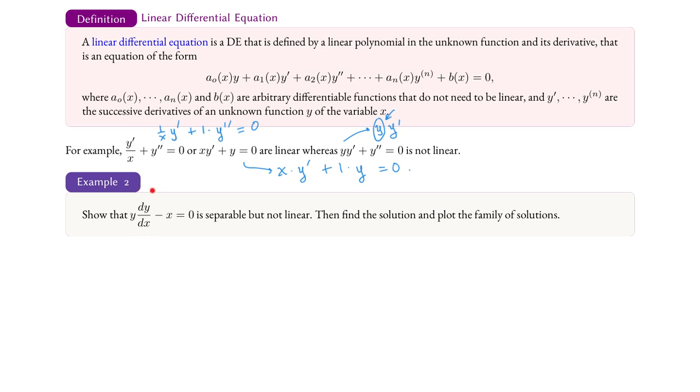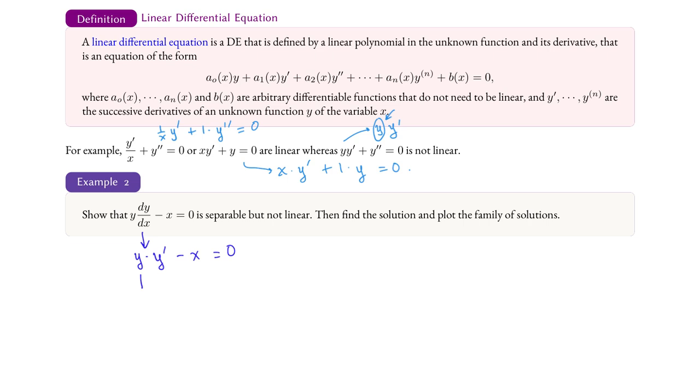Show that y times dy dx minus x equals 0 is separable but not linear. Then find the solution and plot the family of solutions. This differential equation is not linear because it is expressed in the form y times y prime minus x equals 0.